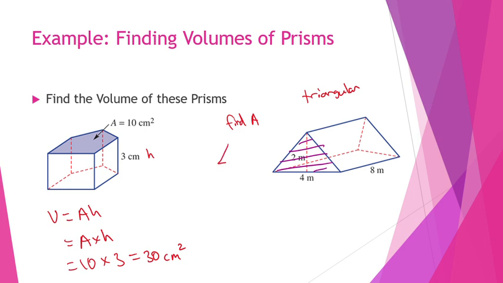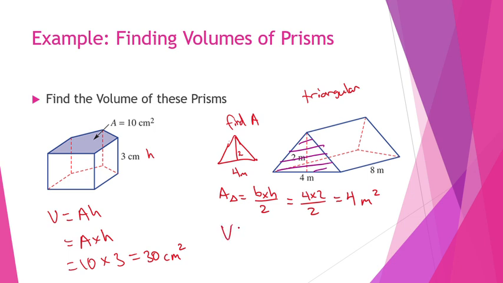Now, if you were to redraw this triangle, I am given the base is 4 meters and the height here is 2. The area of a triangle is found using the formula base times height divided by 2. If you substitute those numbers in, I end up with 4 meters squared.